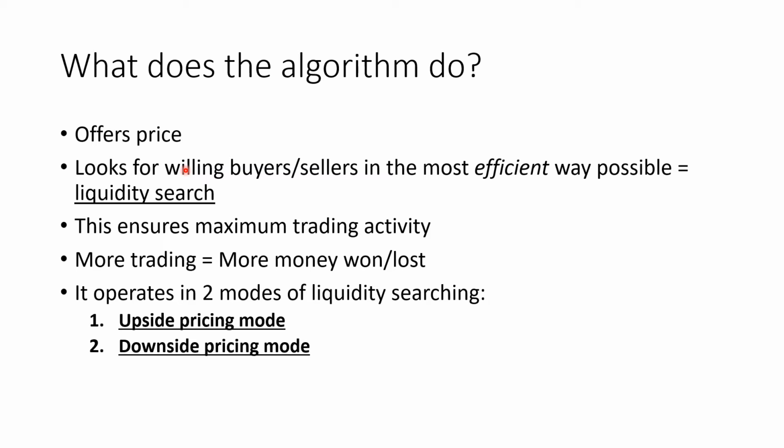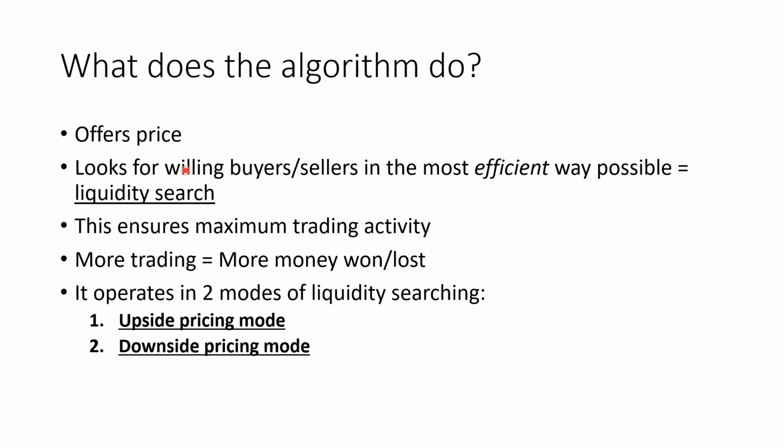So before we move forward, I want to define two things, and we'll go into detail later on. But I just want you to remember these two terms. We're going to call these upside pricing mode and downside pricing mode. From different education sources that I've used and have helped me learn price action, they use different terms for this.